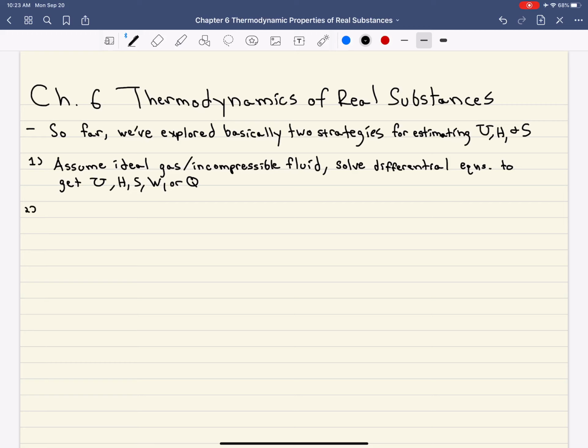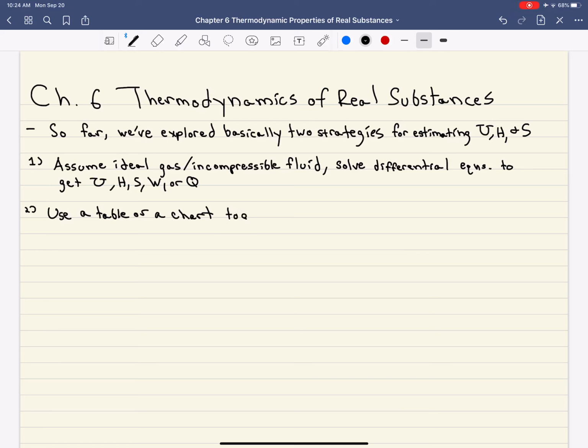Another type of problem that we've encountered involved us looking up thermodynamic properties from a table or a chart, so things like steam tables or the plots that we use to get values for refrigeration fluids, right?